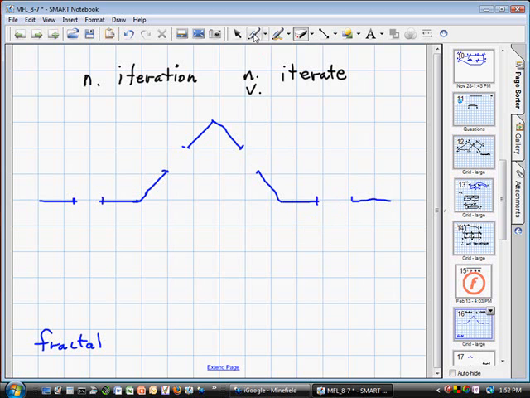And then, on each one of those little openings, make a little equilateral triangular bulge out above.